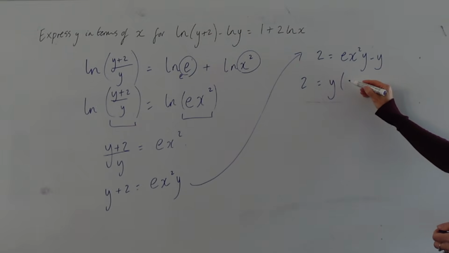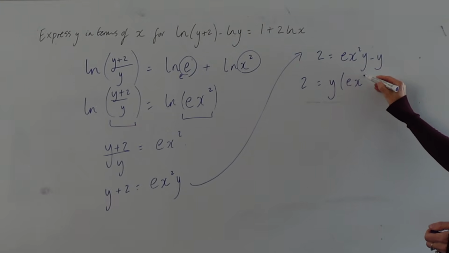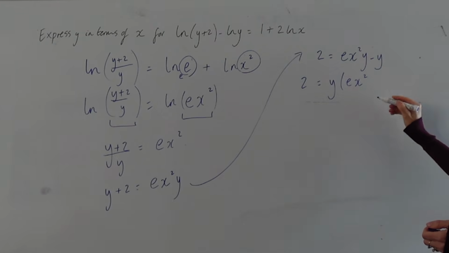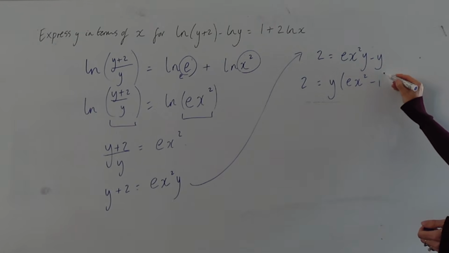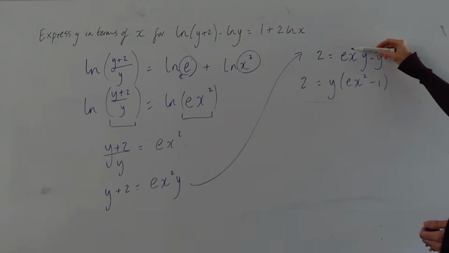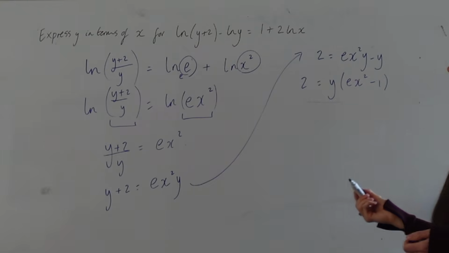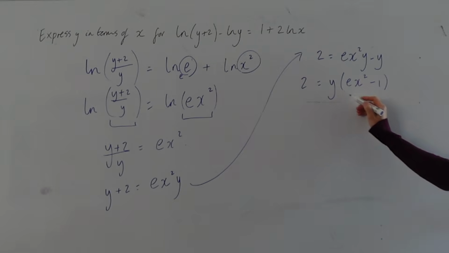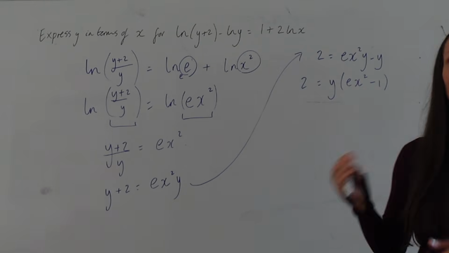So inside the brackets I should have ex squared. Remember, when you times these together it needs to take you back to what you have here. And then we would have minus 1 because y multiplied by negative 1 is negative y. So I'm just factorizing here. So one last step. y is being multiplied by everything inside the brackets here. So the reverse would be to divide.